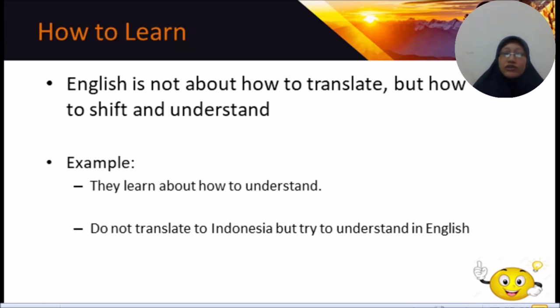Never translate, but understand the English words and then try to speak or pronounce them. So speaking or using English is not about translating, but about how you understand and shift your mind to the English words themselves.